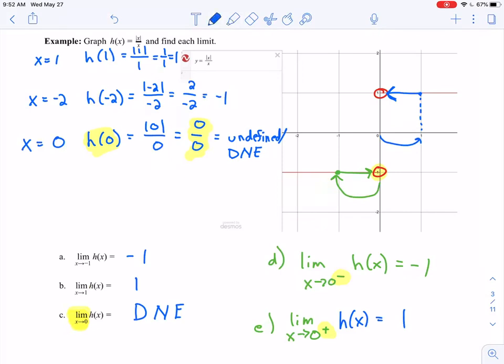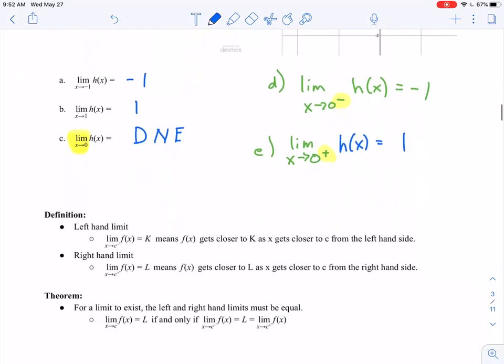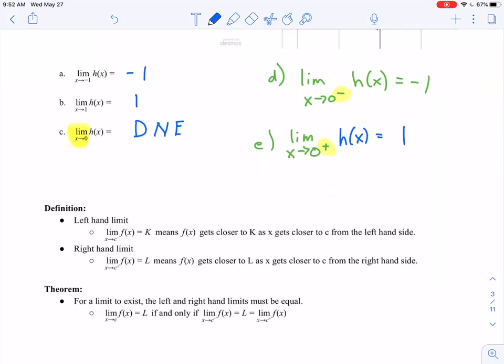And this actually gives us a really nice demonstration of that theorem that I wanted to come back to. It says, for a limit to exist, the left and the right-hand limits must be equal.